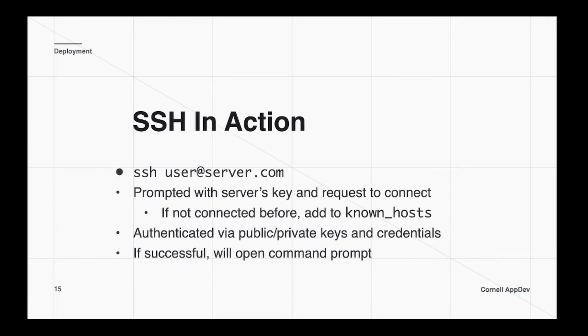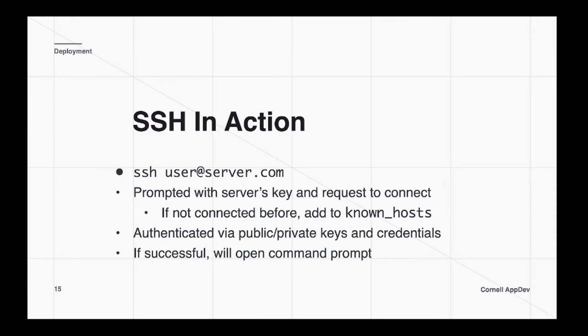So as I said before, you can just SSH into the user, and then you have your server. You probably want to provide a PEM unless your server has no security, which is not a good idea. And when you try to SSH into it, you'll be prompted with the server key, and you'll be requested when you request to connect.